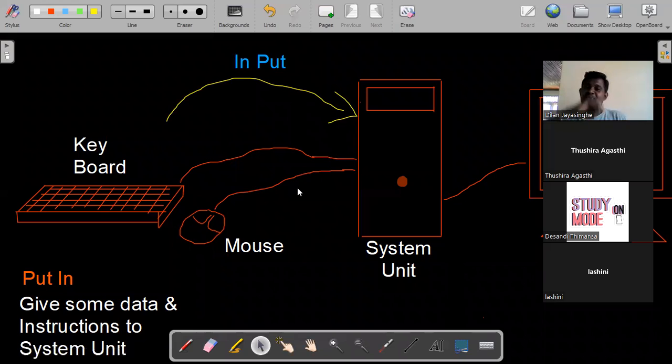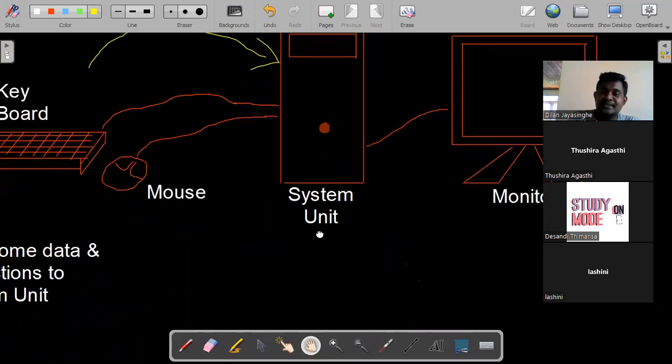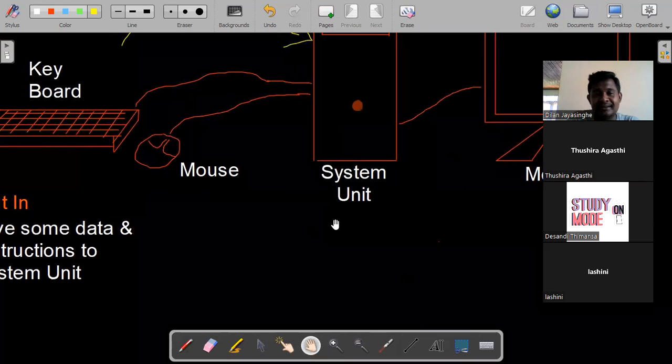Put in some data and instructions to the system unit. Understood?